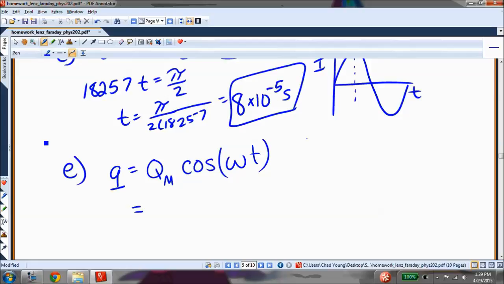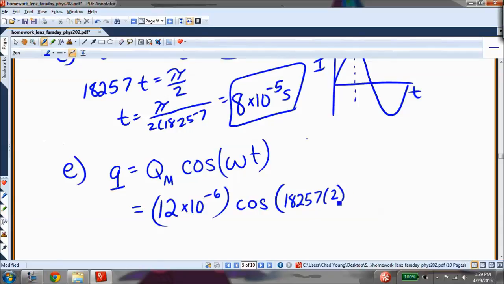All right, so here I want to know what is the charge at 2 seconds. So I just say Q is equal to 12 times 10 to the minus 6 times cosine of my omega, which is that 18,257 times 2, and I get 8.9 times 10 to the minus 6 coulombs.